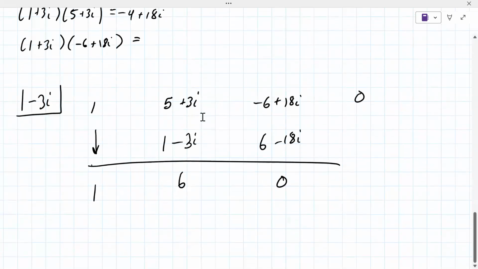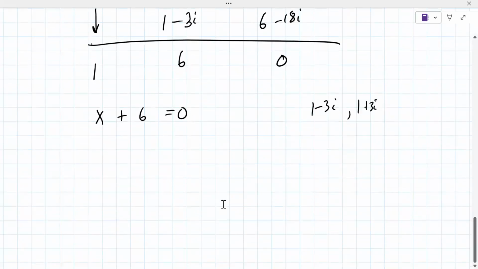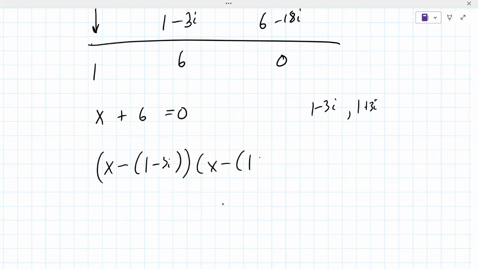And so you're down to x plus 6. And then you've got those other roots to deal with, 1 minus 3i and 1 plus 3i. So we have x minus 1 minus 3i, and then x minus 1 plus 3i, and then x plus 6.